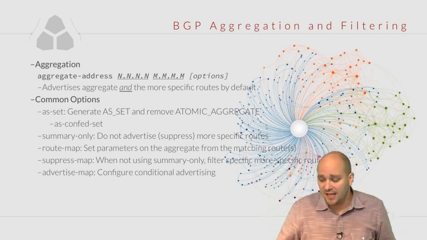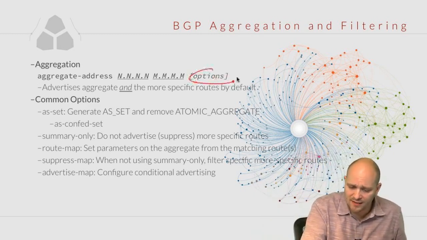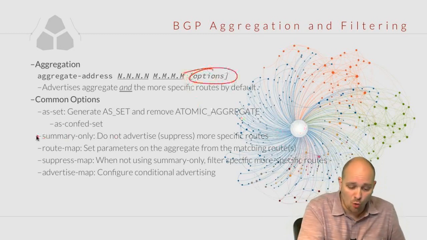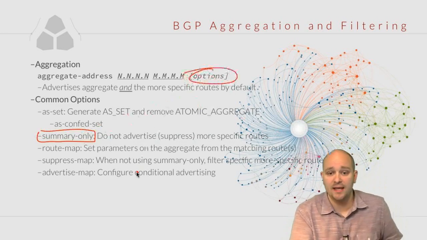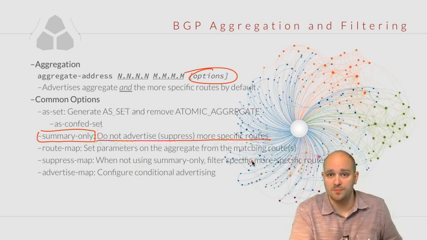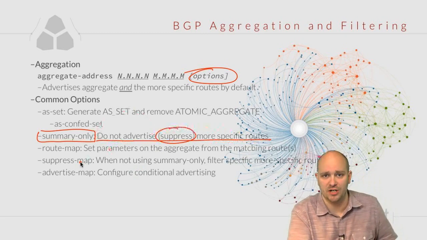That solution is offered in the form of these options that are, as I said, optional. The solution to advertise only the summary is really just to write summary-only where the options say. And you can see here, do not advertise more specific routes. BGP calls this route suppression.